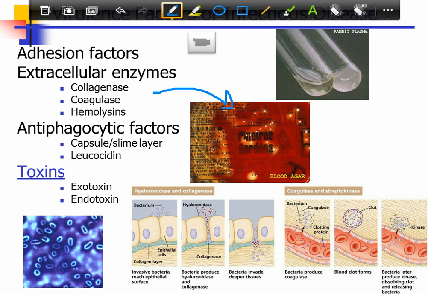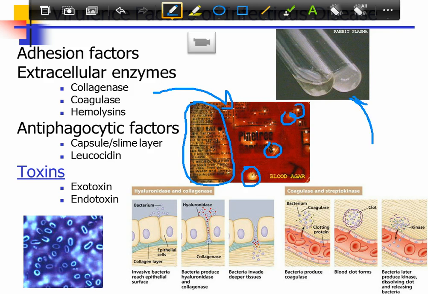You can see the white colonies. The plate is sitting on newspaper. And so you can see these clear areas around the colony, kind of clear yellowish areas. In fact, it's broken up all the red blood cells, allowing the plate to almost become invisible, so you can actually see the print of the newspaper below.